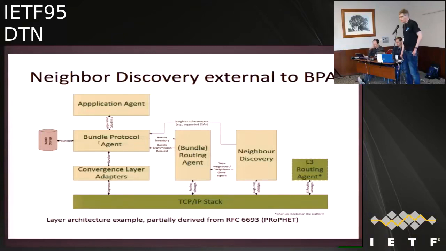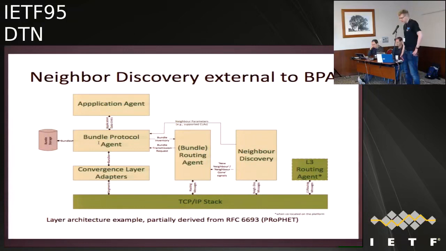This is to expand a little bit on the way to do it outside of the bundle protocol. This is actually a picture that we use in the EDA MidNet project, a European Defence Agency project that I'm working on. This is also based on the PROFIT model in RFC 6693, where we even have the DTN routing going outside the bundle protocol agent.